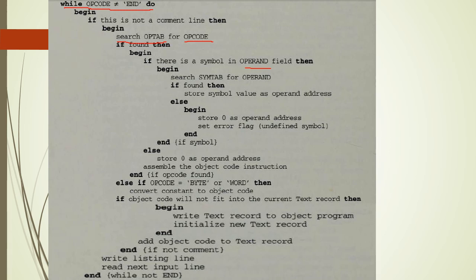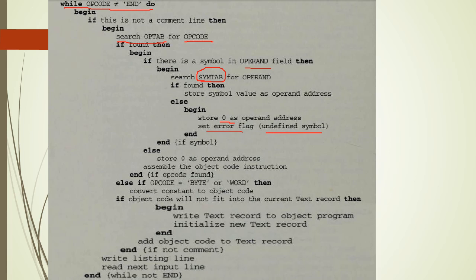If the operand field is present, then you search the value for that operand in the symbol table. This symbol table is already generated in the pass 1 of an assembler. If that value is found, store symbol value as operand address. If it is not present in the symbol table, it means it's an undefined symbol. Therefore you have to store 0 as an operand address and set an error flag indicating that the symbol is not defined.